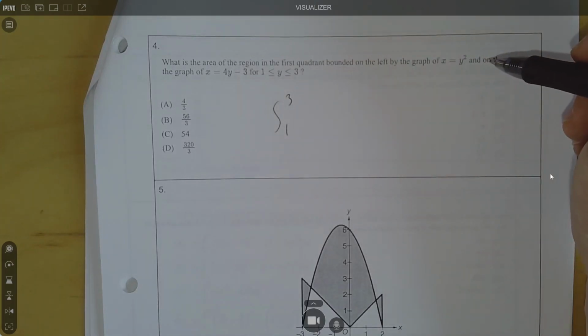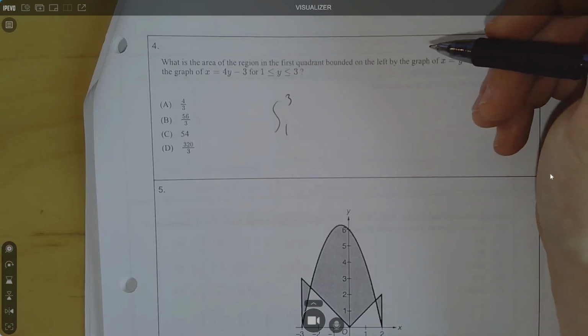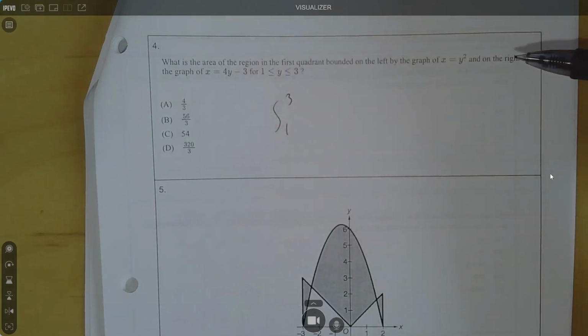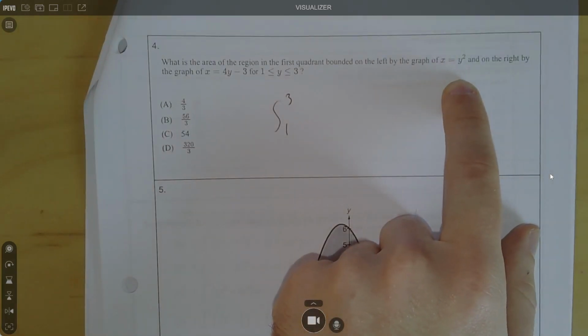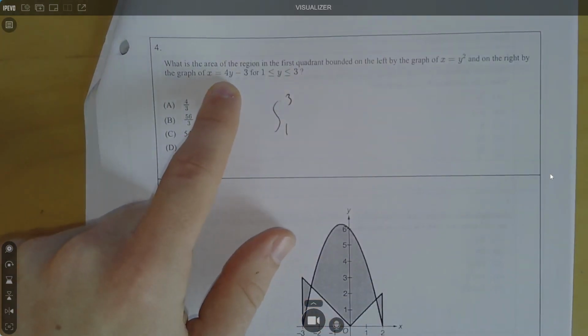So I have my bounds. At this point, I just need to know which one's on the right and which one's on the left. Again, I can do a trick where I test a middle point. So let's put in a 2. For that one, I'm going to get a 4, and for that one, I'm going to get a 5.